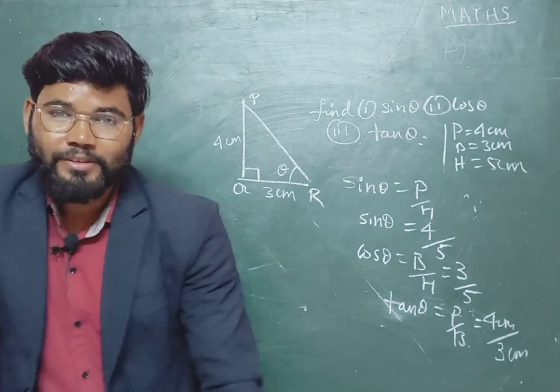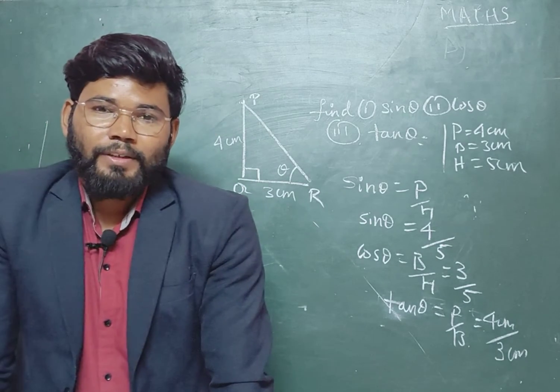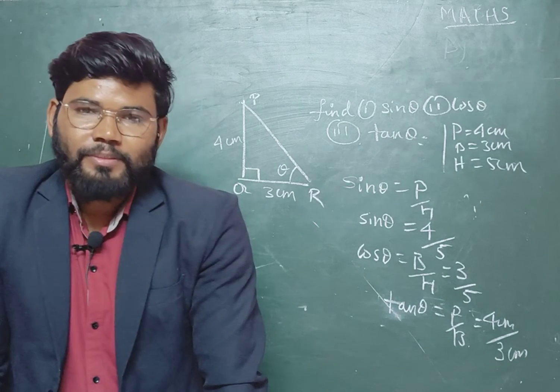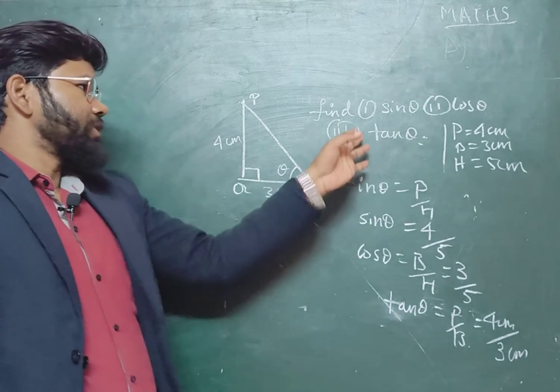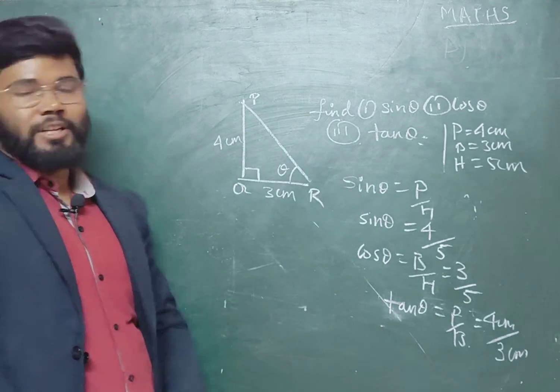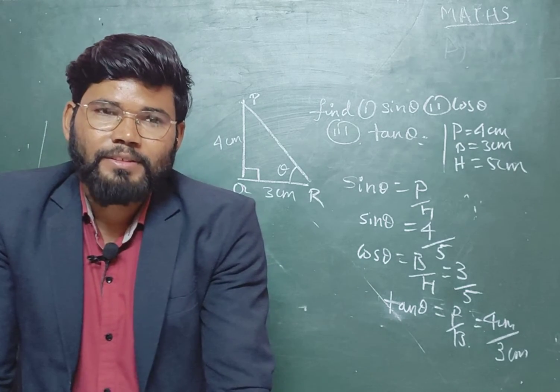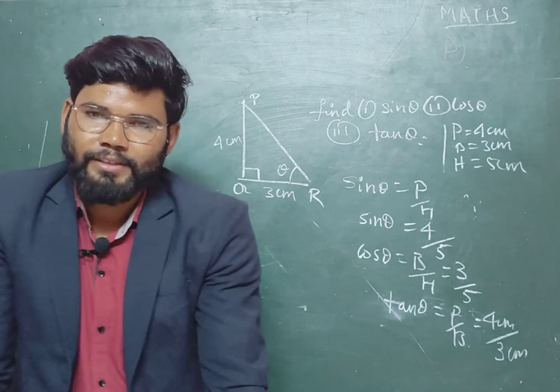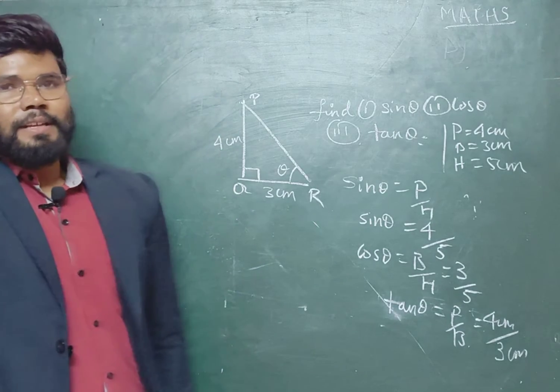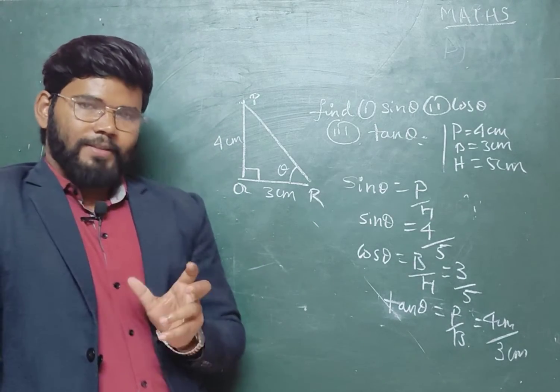But in the board examination, some more important questions will arise from these segments. Here the question simply tells us to find the value of sin theta, cos theta, tan theta. But in the board examination, the same pattern will be there, but with some complex values.